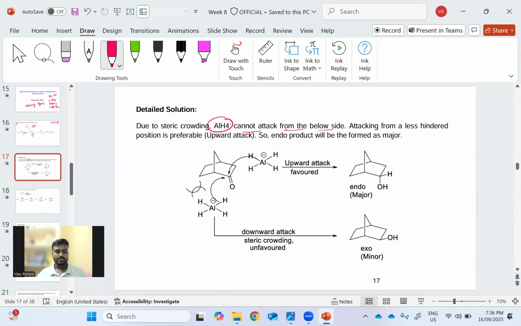Why can it not attack from the below side? If you look at the structure, this is the carbonyl group, and if you look at the substituted hydrogens, they will be directing downward, so these are axial hydrogens.